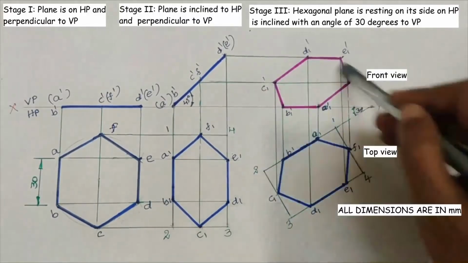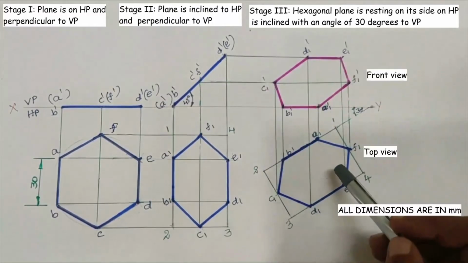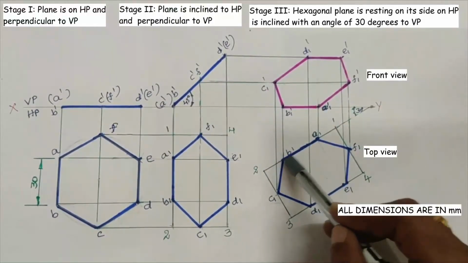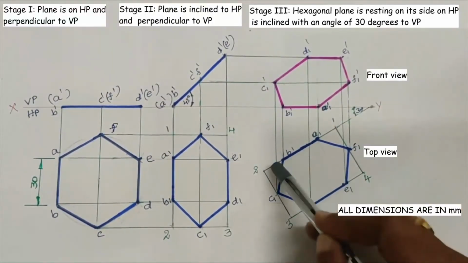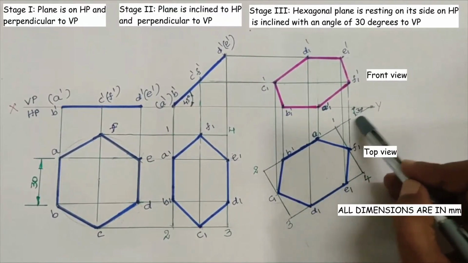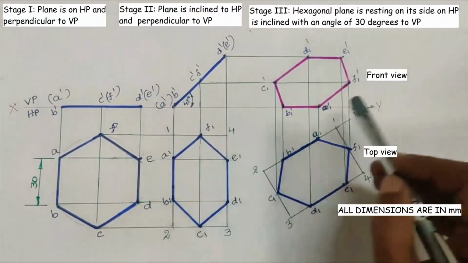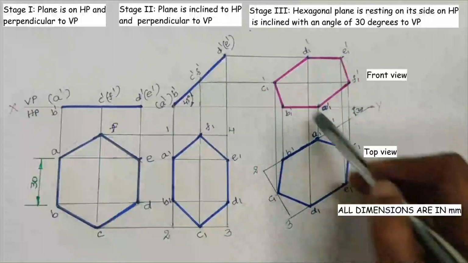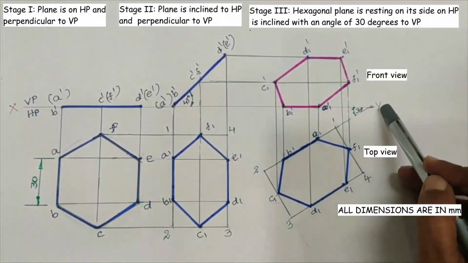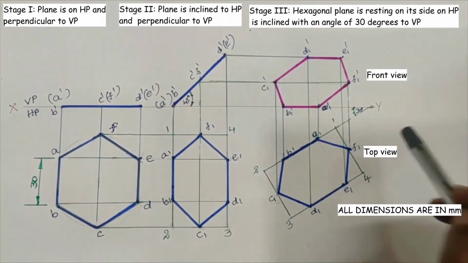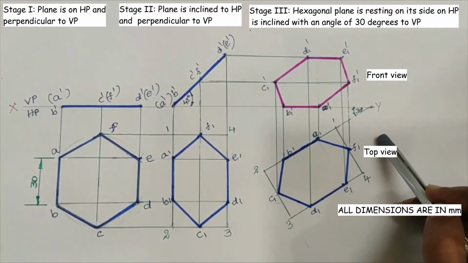And this is the third stage solution when the hexagonal plane is resting on its side, say AB on HP, that AB side is making an angle 30 degrees to the VP and its surface is making an angle 45 degrees to the HP. This is the required solution for the given problem.